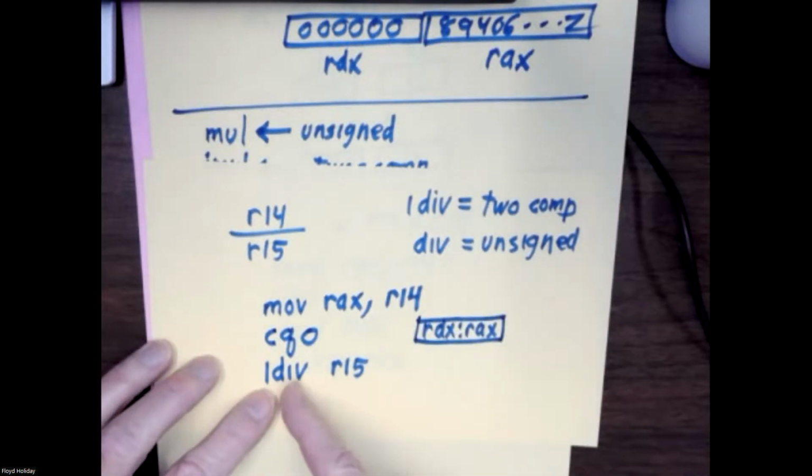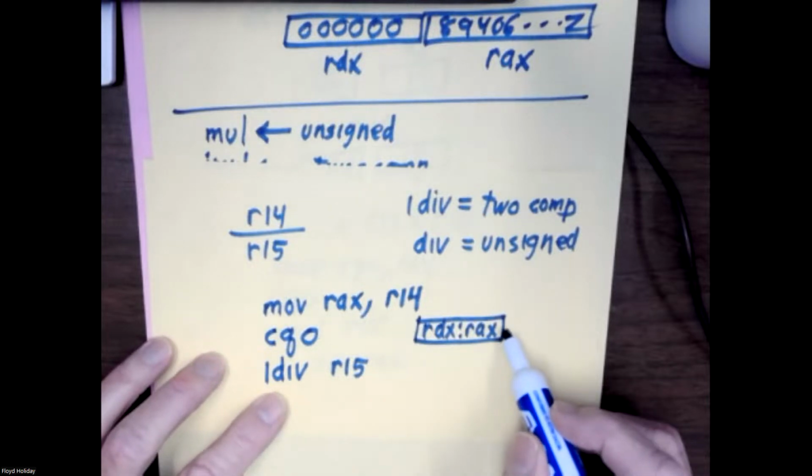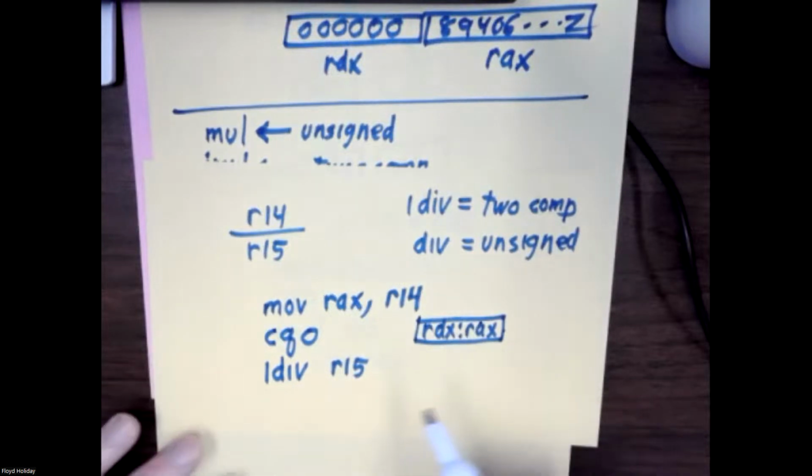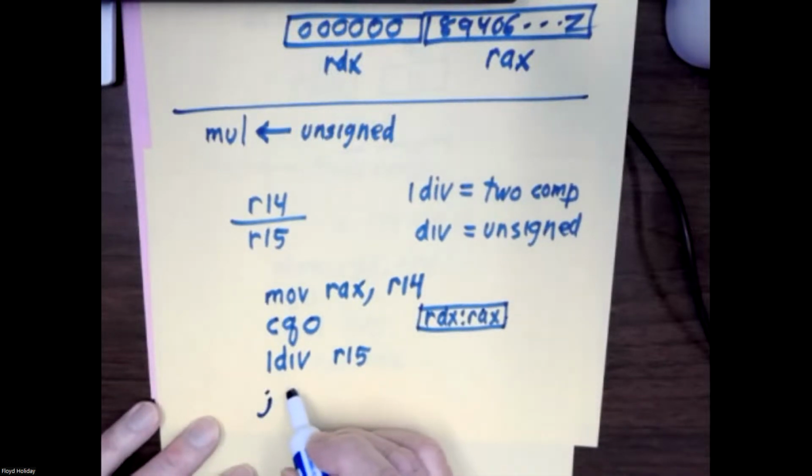And IDIV is programmed in silicon to go to both registers and do the division into that. And you get an answer. The quotient is in RAX.